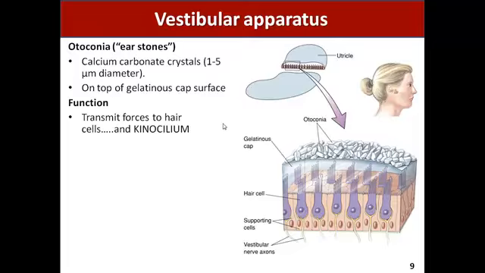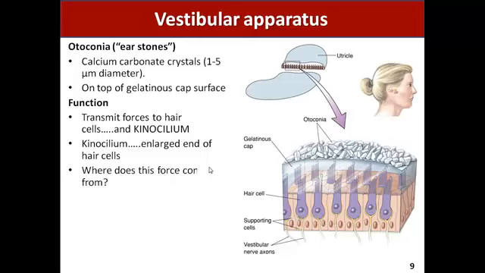The ear stones are the link really between the detection of head movements and transmission through the gel to the hair cells. And these forces have to be transmitted to the kinocilium, which is basically a single enlarged end of these hair cells. And so this force, as I mentioned, comes from a change in head angle or accelerations.